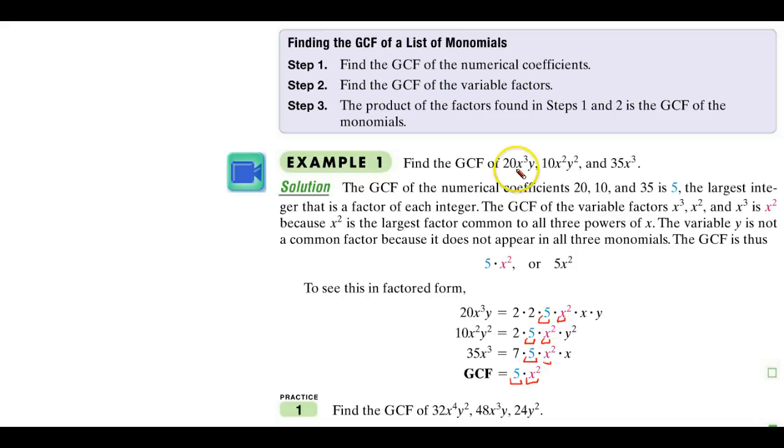So the greatest common factor of these three numbers is 5x to the second. And we'll see as we work out an example this process perhaps a little more clearly.